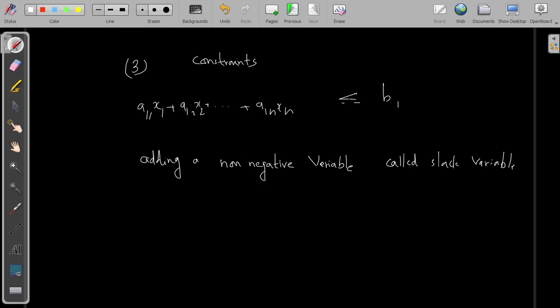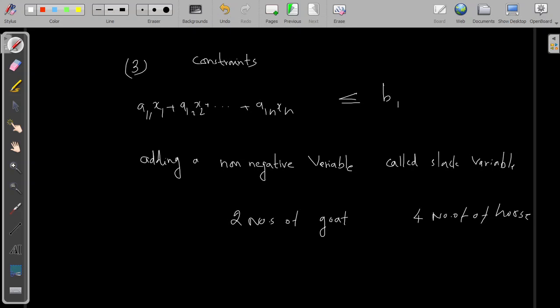Something on the LHS is less than the RHS. For example, we have two numbers of God and four numbers of course.